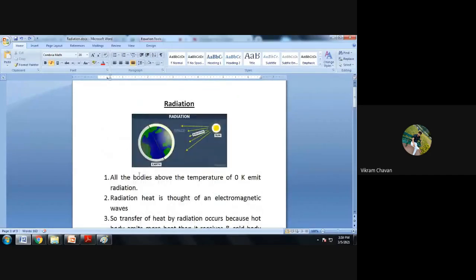Radiation. If you have any doubt, any question, you can ask.